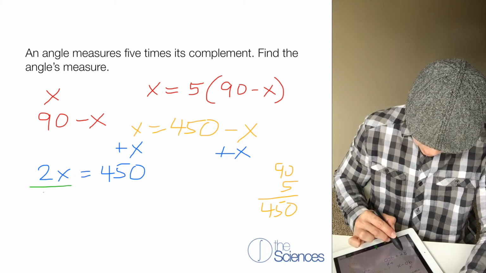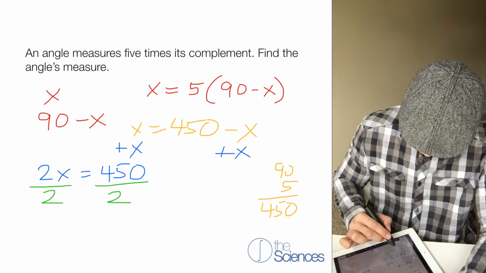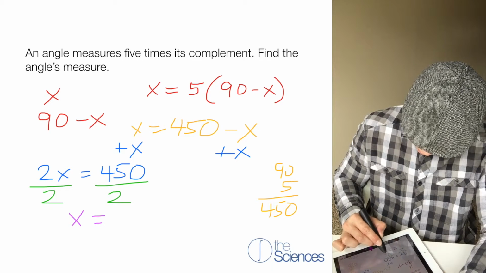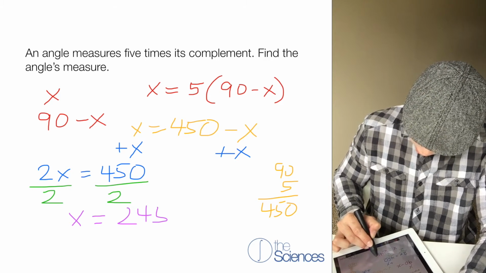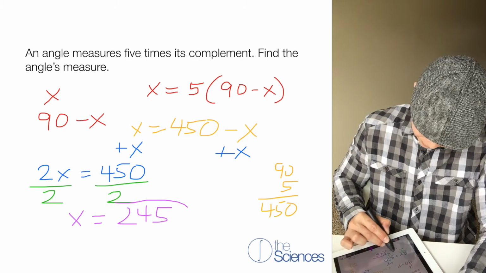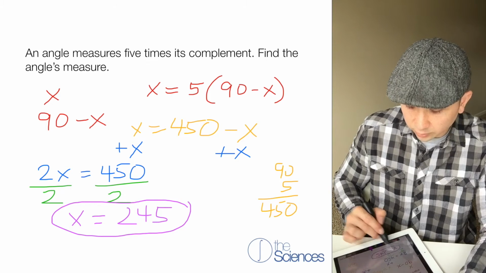Now we can divide both sides by 6 so that x equals 75. So that's the angle's measure.